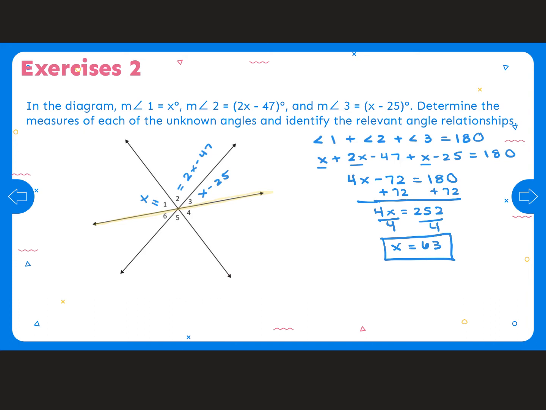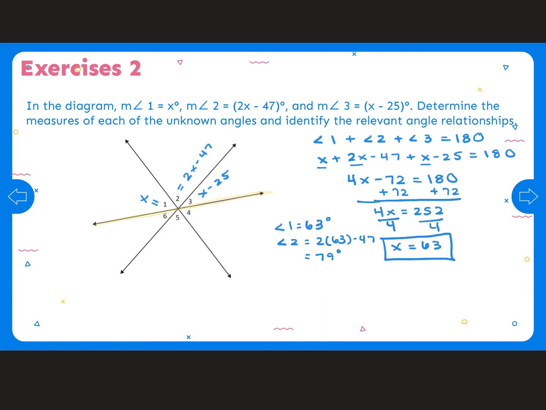All right, now we have to determine relevant angle measures. So the measure of angle 1, since we know that it is equal to x, the measure of angle 1 is 63 degrees. For the measure of angle 2, we're going to plug in 63 degrees for x in 2x minus 47, which is going to give me 79 degrees.